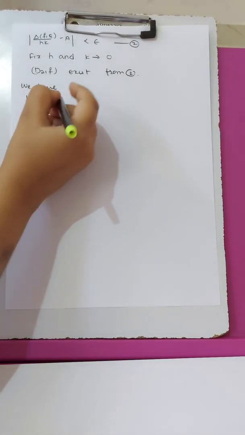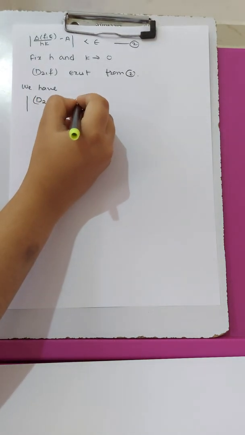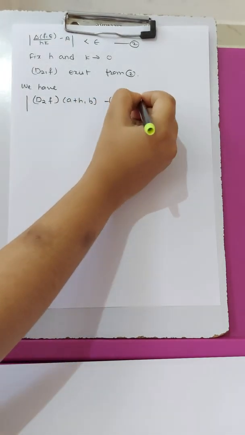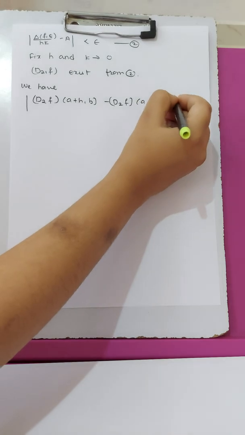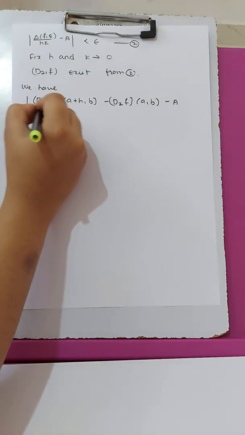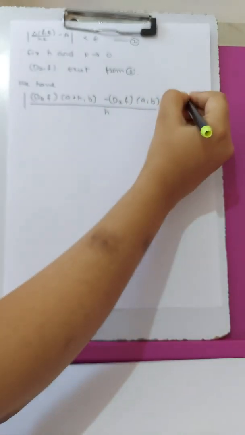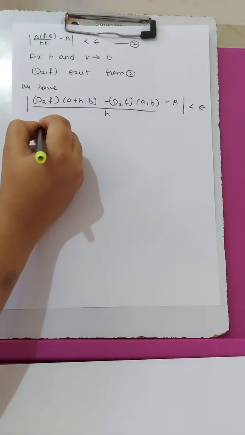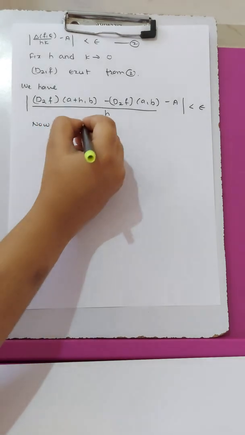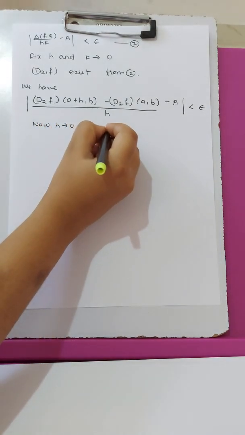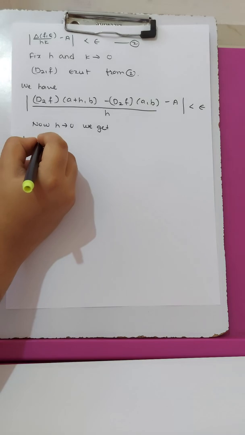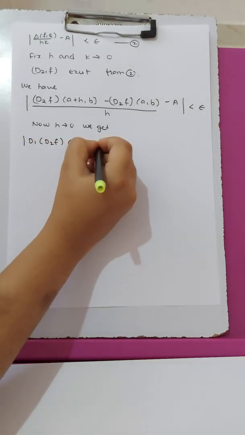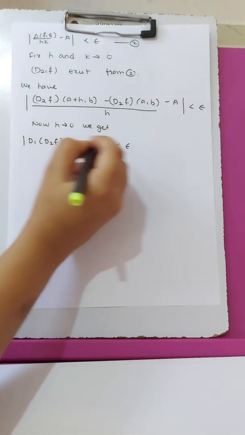Now we have mod of [d2f(a plus h, b) minus d2f(a, b)] upon h minus A, which is less than epsilon. Now taking h tends to 0, we get mod of d1d2f(a, b) minus A, which is less than epsilon.